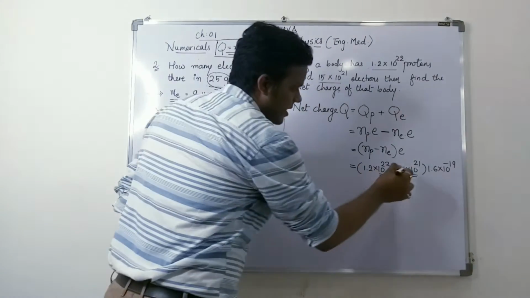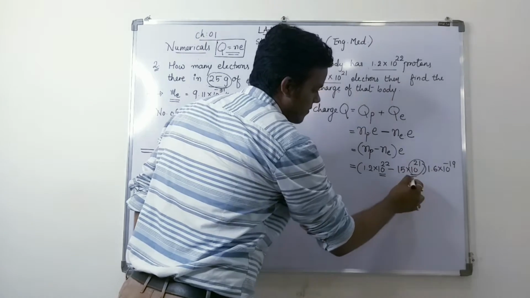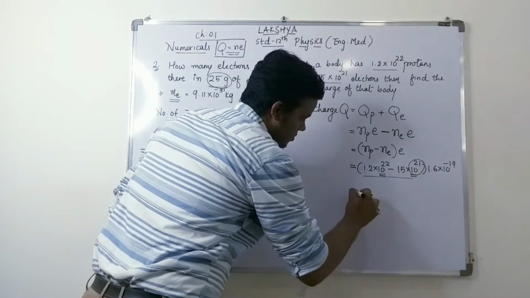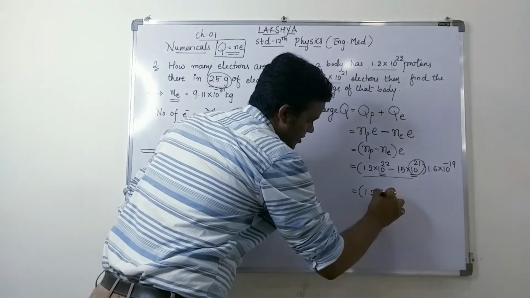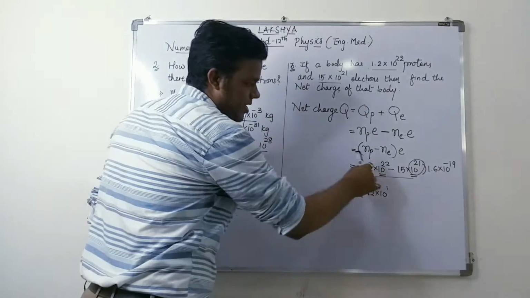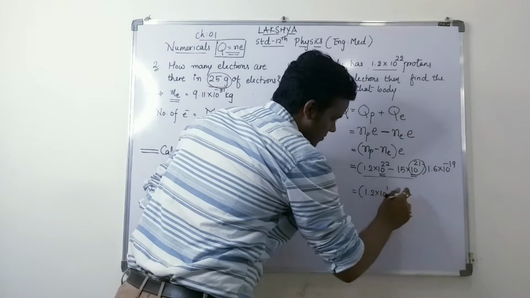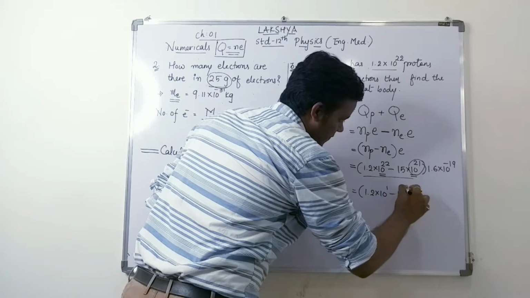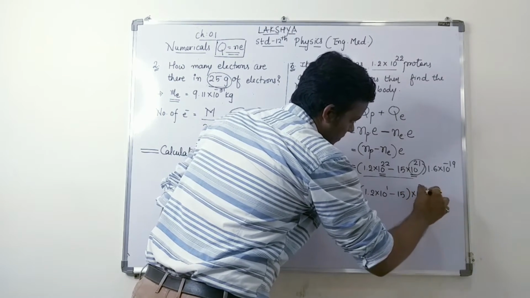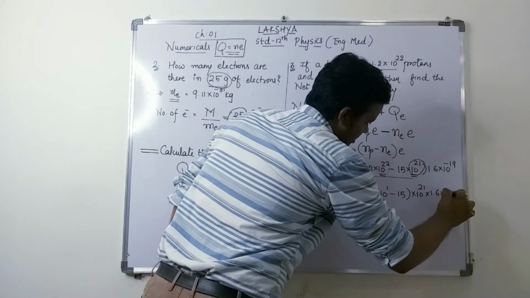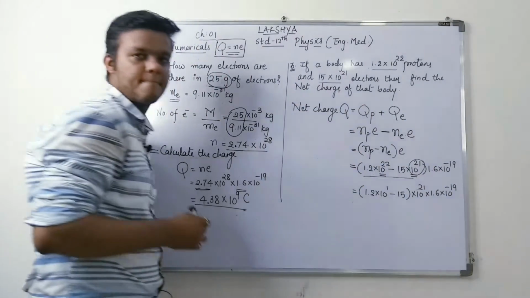So I will take 10 raised to 21 common from this term. So it will be like 1.2 into 10 raised to 1, because I took 21 common, minus 15 into 10 raised to 21 into 1.6 into 10 raised to minus 19.